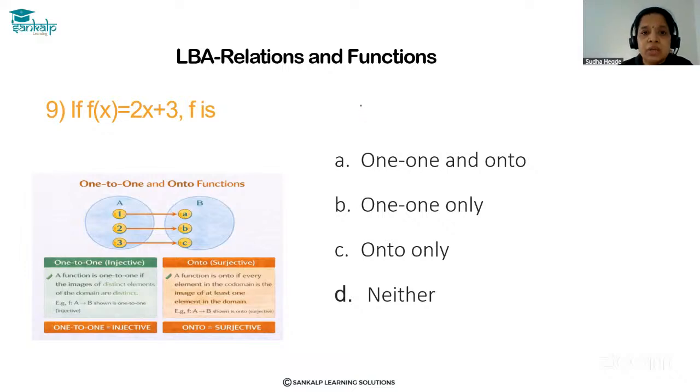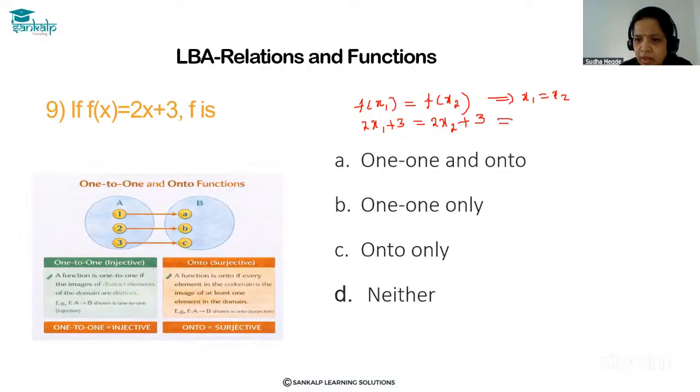To check one-one, you need to take two elements x1 and x2, assume f of x1 is equal to f of x2, and prove x1 is equal to x2. So 2x1 plus 3 is equal to 2x2 plus 3. This implies, you can cancel 3, 3. 2x1 is equal to 2x2.